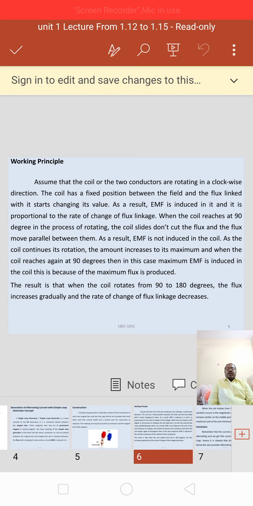That continues from 90 degrees up to 180 degrees and up to 270 degrees and up to 360 degrees. The figures corresponding to these are shown in the next slide, and it changes the flux linkages and goes on increasing the flux present in the coil.